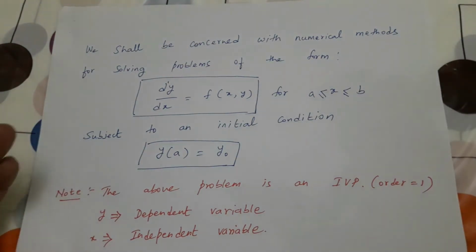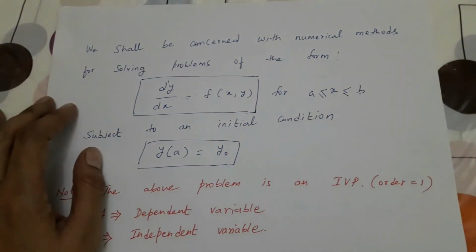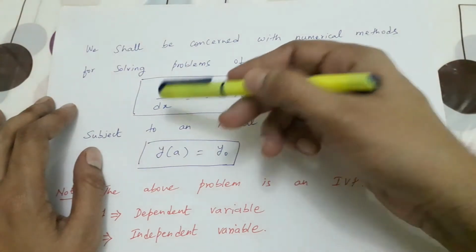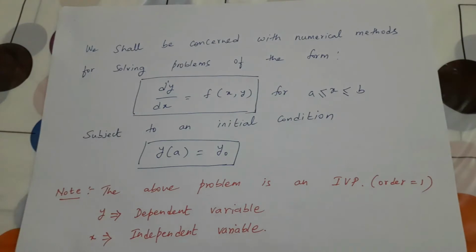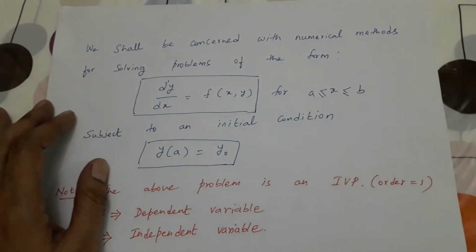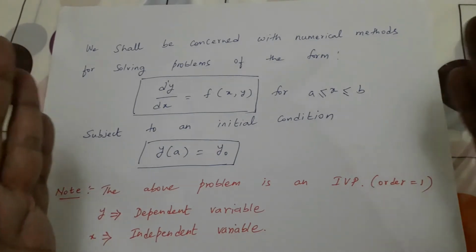We don't do experiments on infinite systems. And suppose x is time, we are only interested in a specific interval of time. We don't want to know what happens after 10 years or 15 years or 20 years. We are only bothered about very specific intervals.